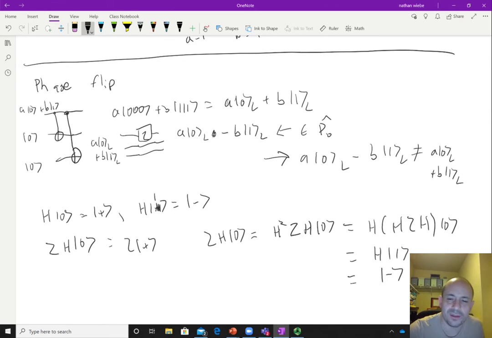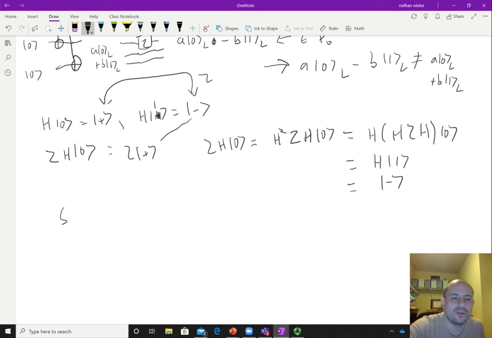So you can see that Z flips between these two. So Z acts like X on plus and minus.